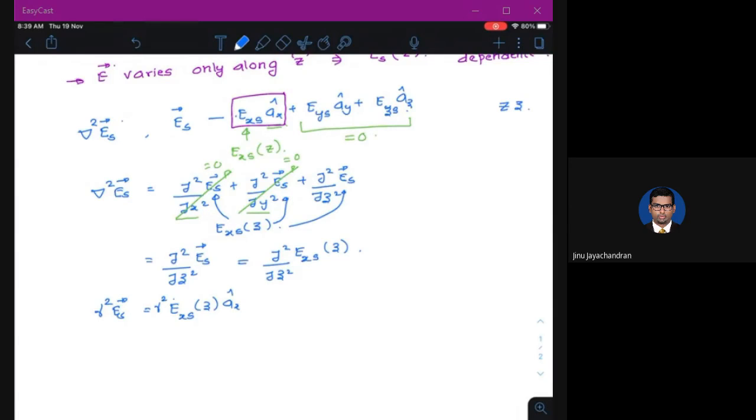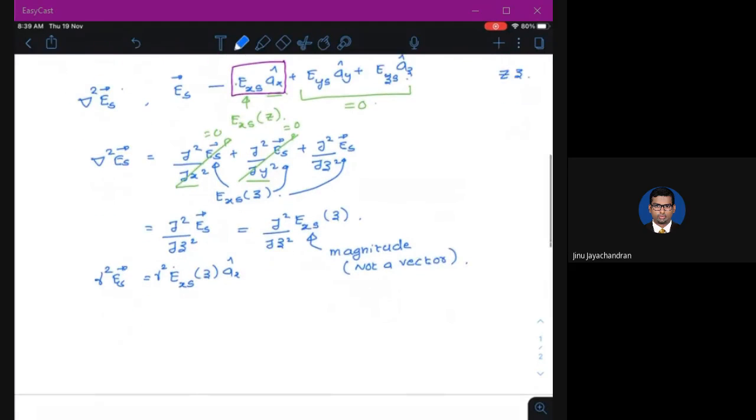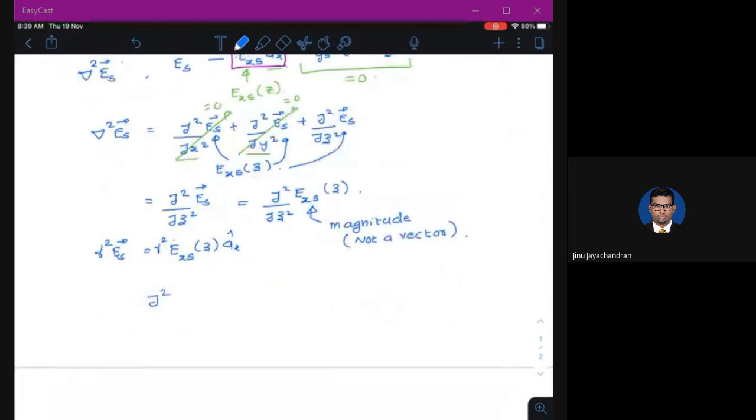Remember Exs is a magnitude, it is not a vector, because it is a component along X. So our equation now becomes dou square by dou z square Exs of z is equal to gamma square Exs of z. The direction is along ax cap.